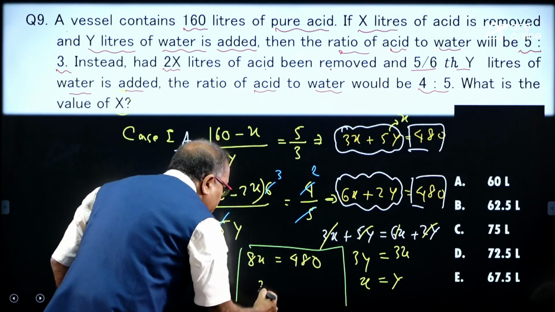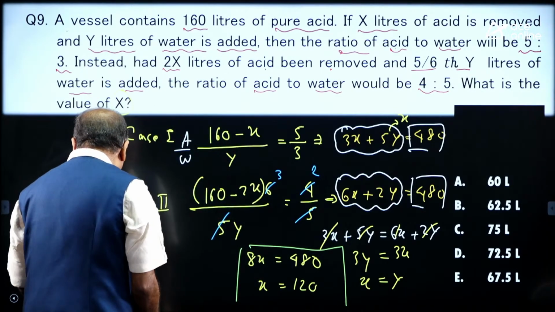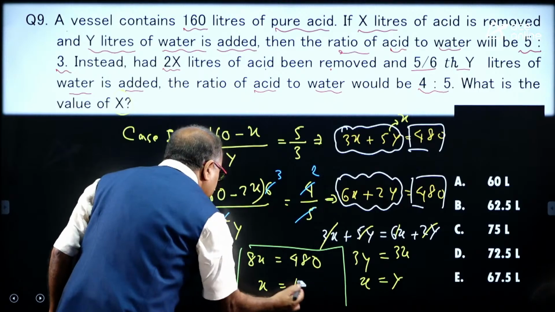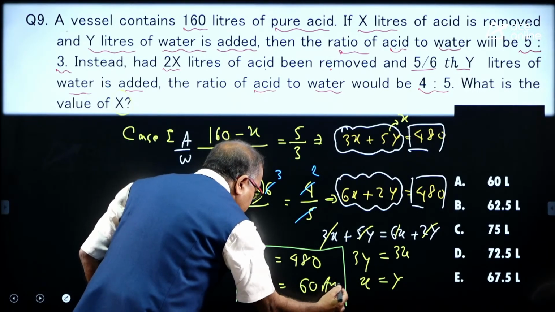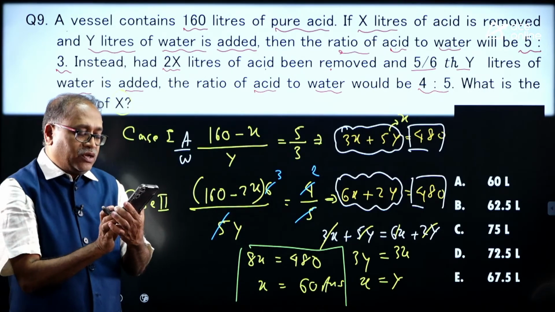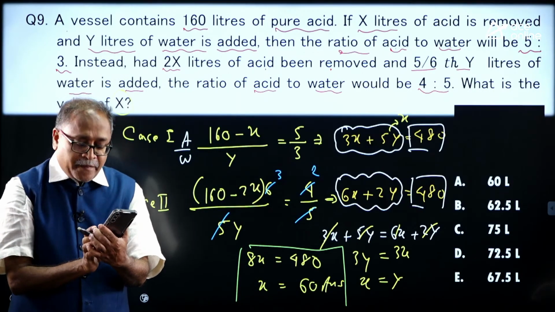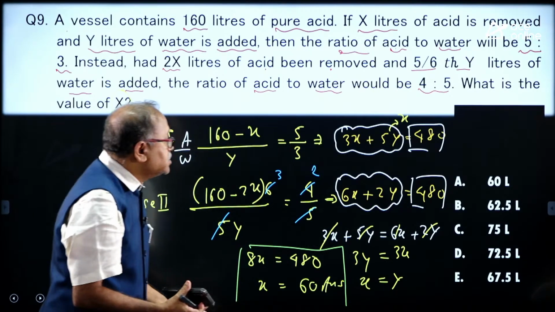You know that x will be 60. So, x is equal to 60. That is your answer, my dear friends. Oh, that is so nice. Solution for success point 1. Well done. 60 liter, that is option A.